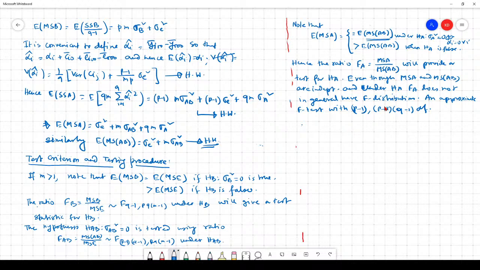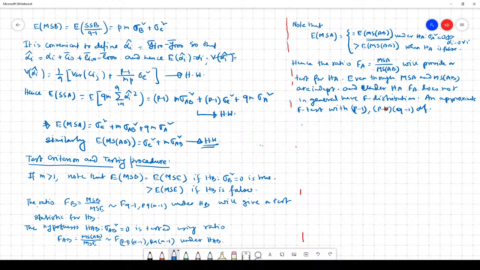F follows either a central F distribution when it is a random effect model, and a non-central F distribution when it is a mixed effect model. And in both the cases, fixed and random, this follows a central F distribution when H is true.